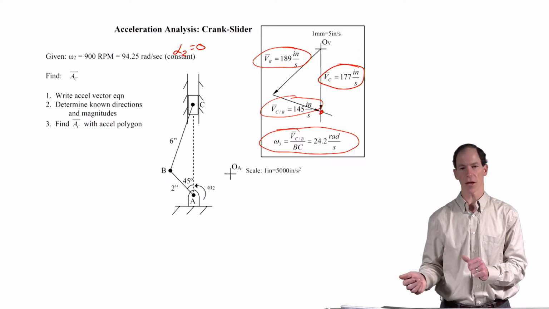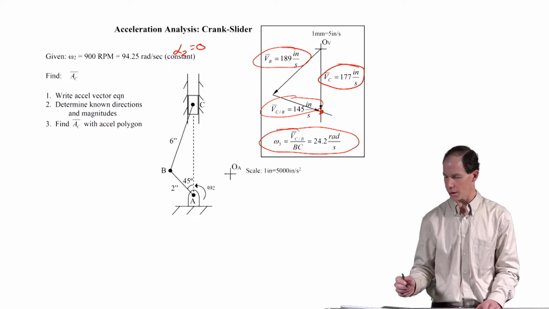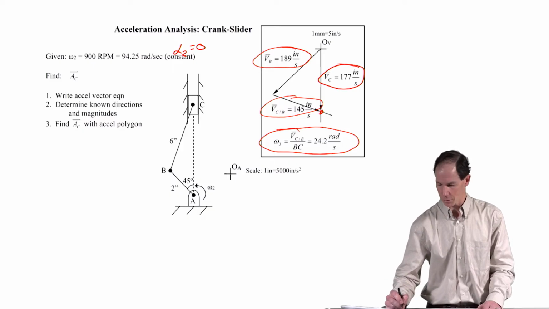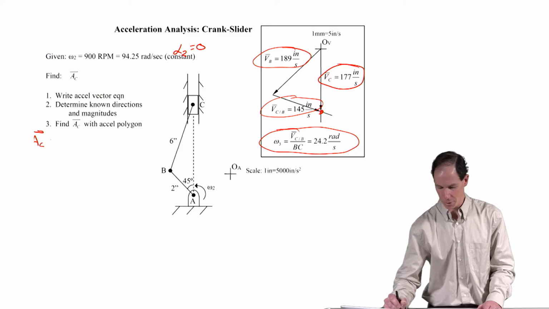So now let's take this to the next step of doing our acceleration analysis. I'm going to start off by really doing the same thing, but now for acceleration, where I'm going to write my acceleration equation: the acceleration of C is equal to, and I'm going to break this into components right away, so I'll leave the vector hats off.